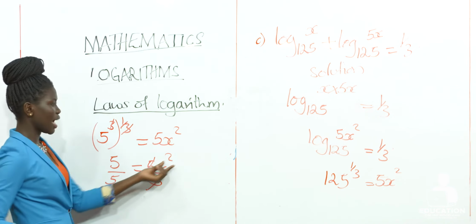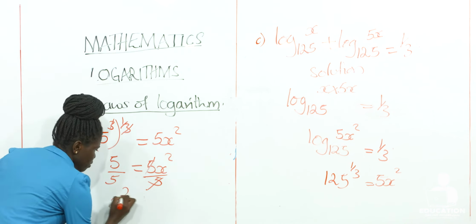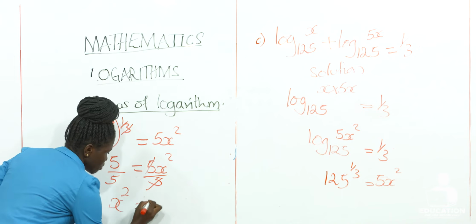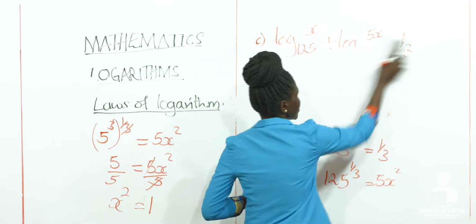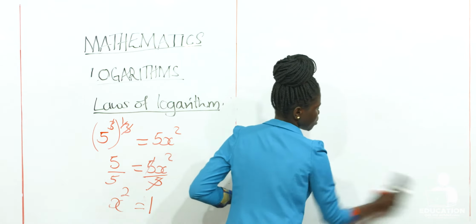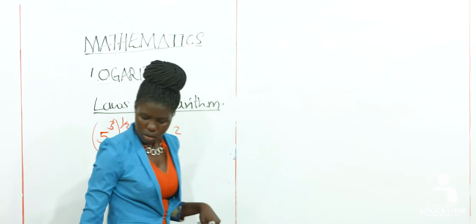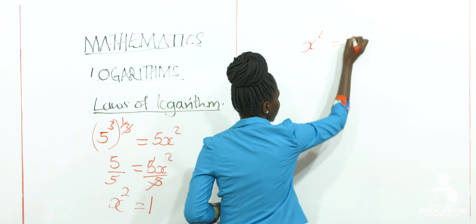Our x is still having a power, but we want the final value of x, so we are having x squared is equal to 1. For us to get the final value of x, we need to eliminate the square. We need to use the square root sign so that we can find the root of x squared is equal to 1.